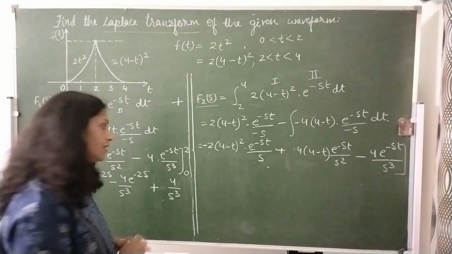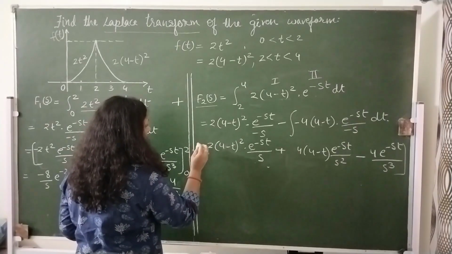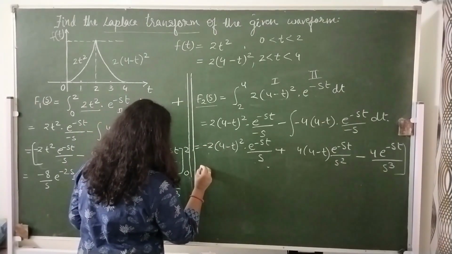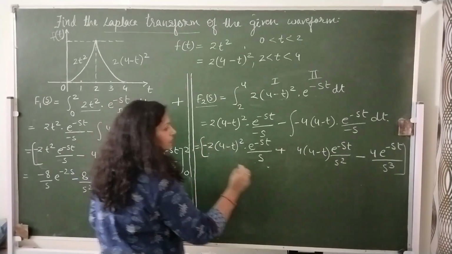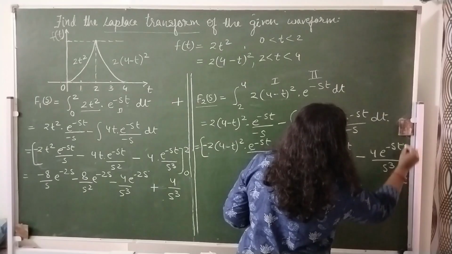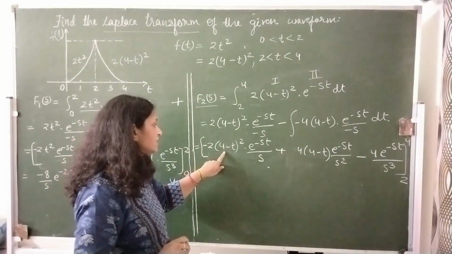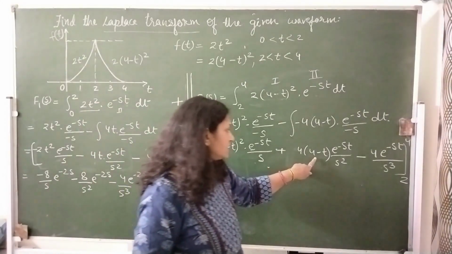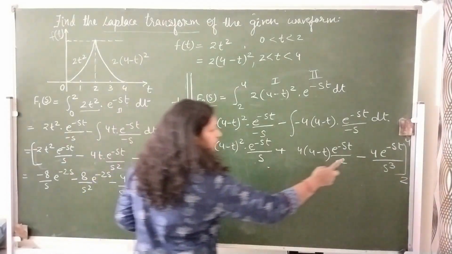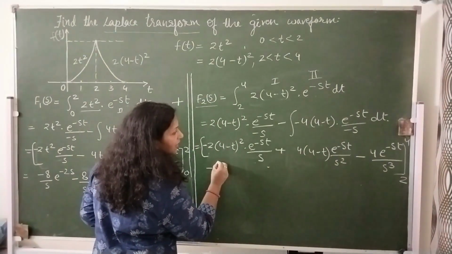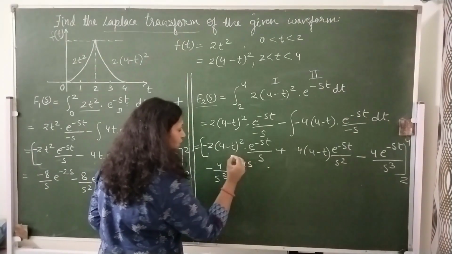Now correct the sign and then apply the limits. So this is our function. I'll write it. The limits are 2 to 4. First we will write the upper limit, that will make this function 0. This function will also become 0. So the third term, that is minus 4 by s cube e to the power minus 4s.